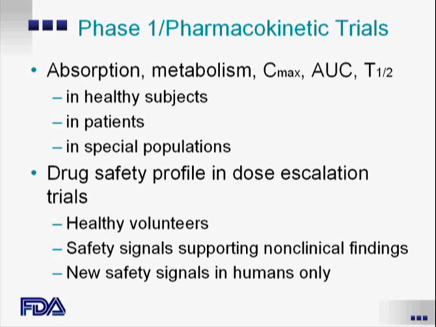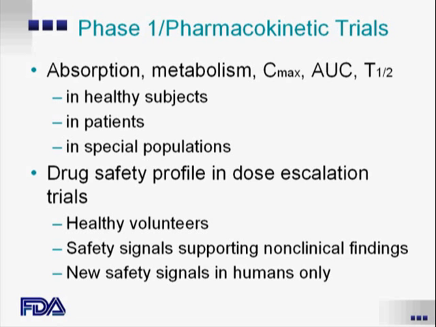We need to consider the drug safety profile in dose escalation trials, because here the purest safety assessments are being conducted. Generally, the comparator in these trials is placebo, and in dose escalation you have small doses and you have higher doses.